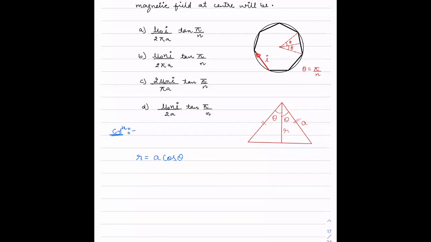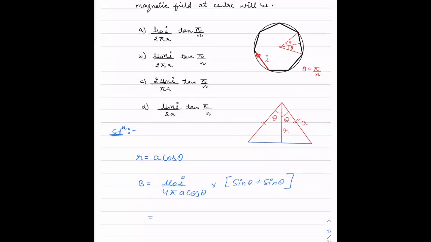Don't worry about that. Now how will I calculate the magnetic field value due to this wire? You just see mu naught I by 4 pi r. What is r? R value is a cos of theta, into, within bracket, sine of theta plus sine of theta, so I will write it as 2 sine of theta.